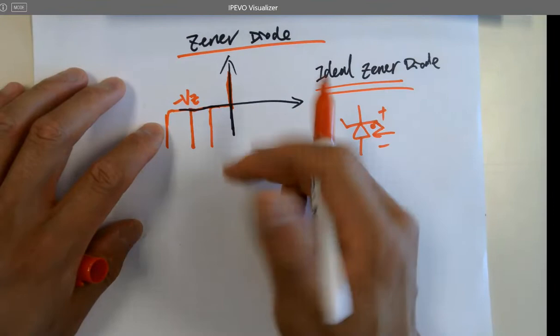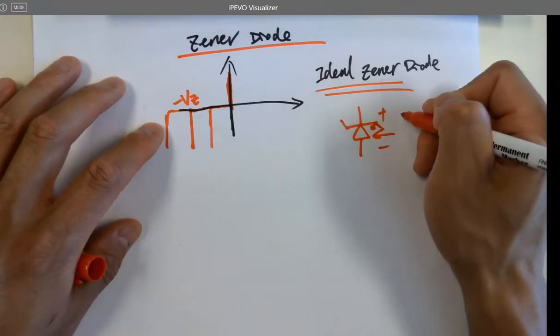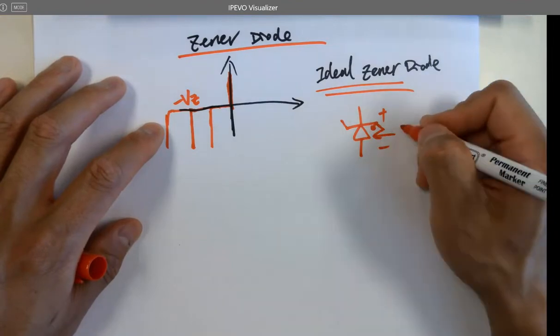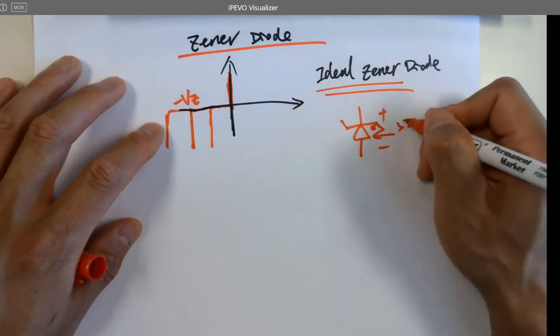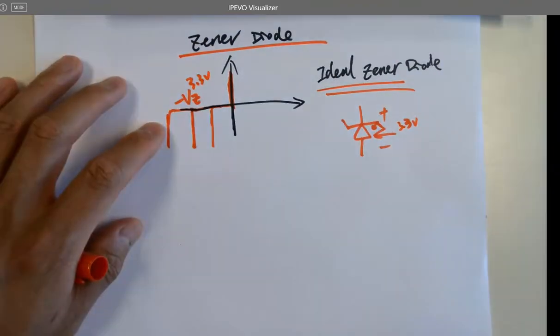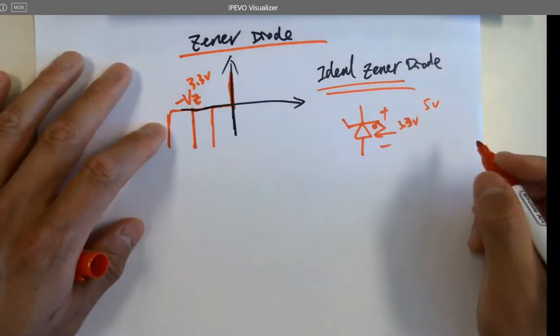Whenever the voltage is over a certain voltage, for example, if the Zener diode's voltage rating is 0.3 volts, so VZ is 0.3 volts here, all right? Whenever the voltage is higher than that, like 5 volts, what's going to happen according to the curve?